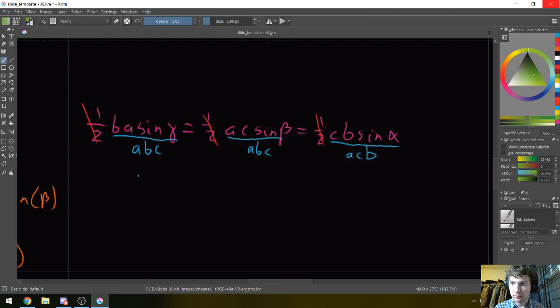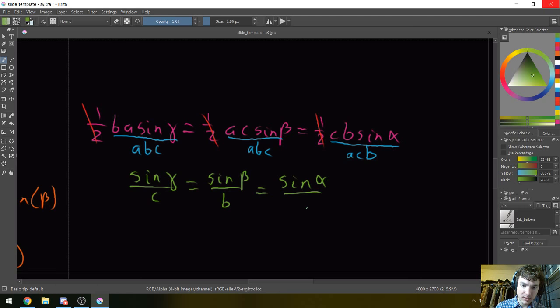That's all good. Okay. So when the dust settles, we have sine gamma over C equals sine beta over B equals sine alpha over A. Now this is very symmetrical and actually rather surprising, because each of these letters comes in a pair where the angle is opposite the corresponding side.